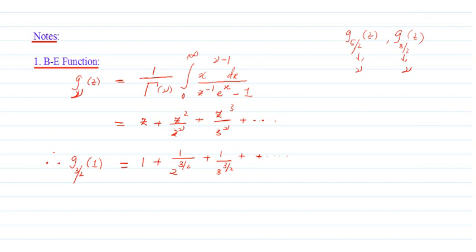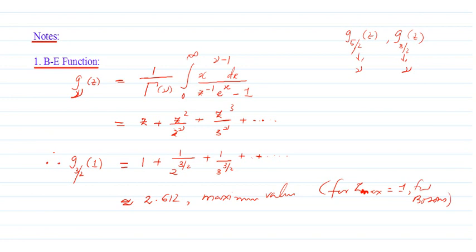I told you it is a converging series. Its value is roughly equal to 2.612, which is the maximum value that G 3 by 2 of Z can have. The reason is that Z max is equal to 1 for bosons. Remember that the value of Z max for bosons is 1.